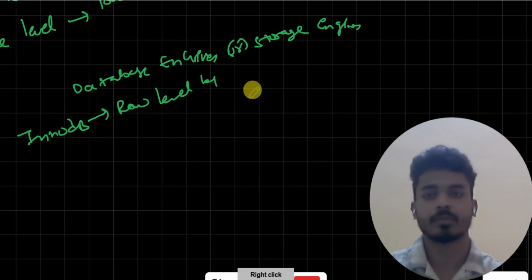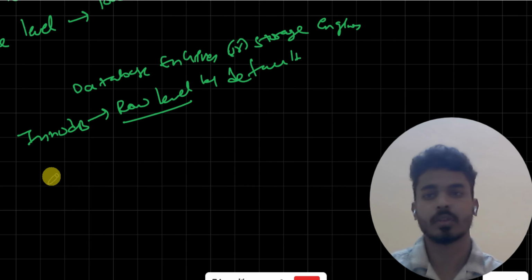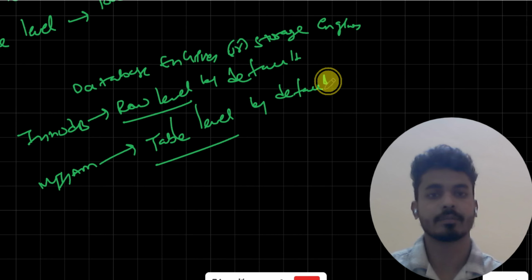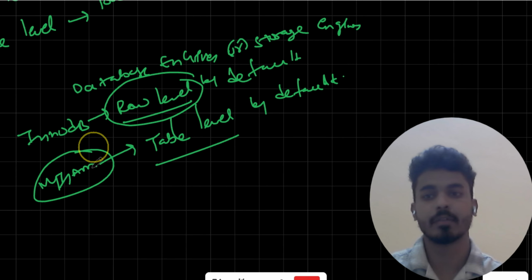The MyISAM engine uses table level by default. So the InnoDB engine uses row level by default, and the MyISAM engine uses table level by default.